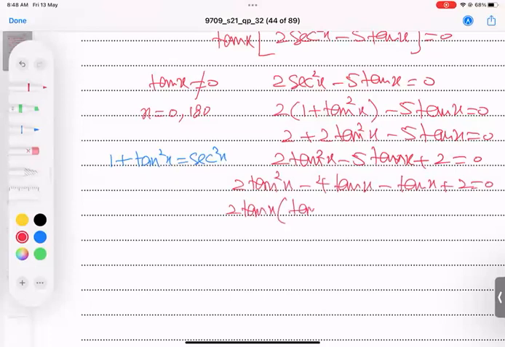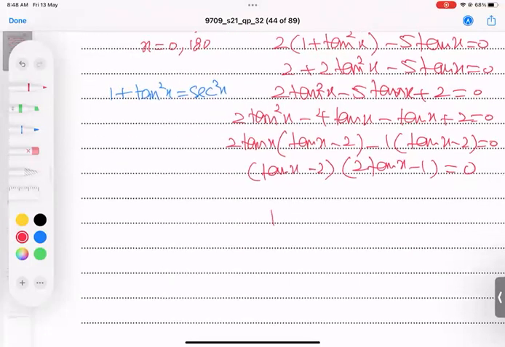So here tan x minus 2, negative 1 common, tan x minus 2. So (tan x minus 2)(2 tan x minus 1) equals 0. We're getting two answers: tan x equals 2 and 2 tan x equals 1.